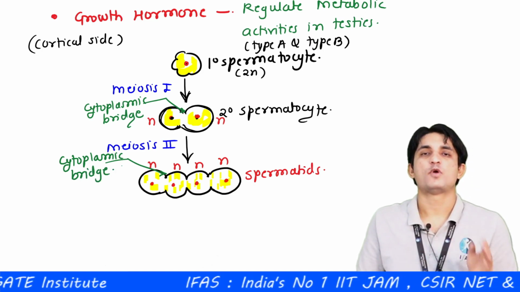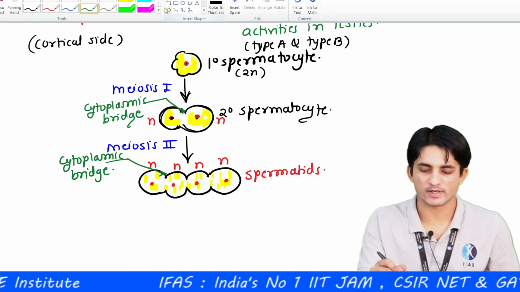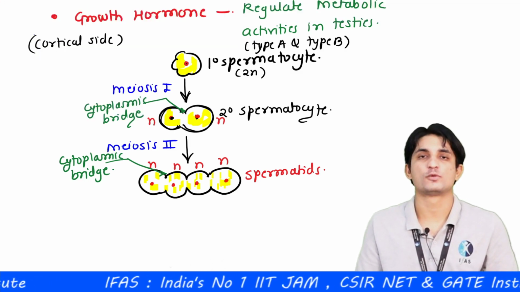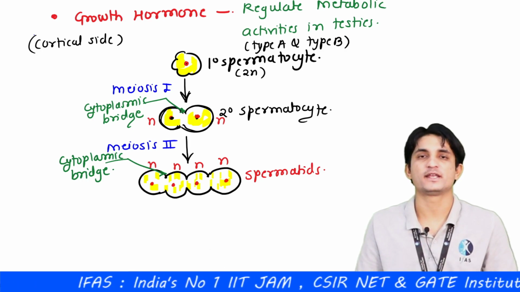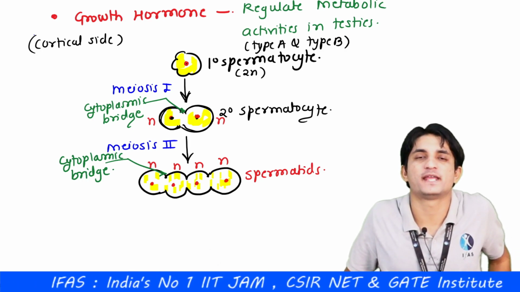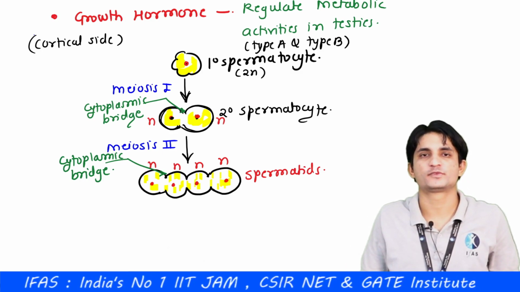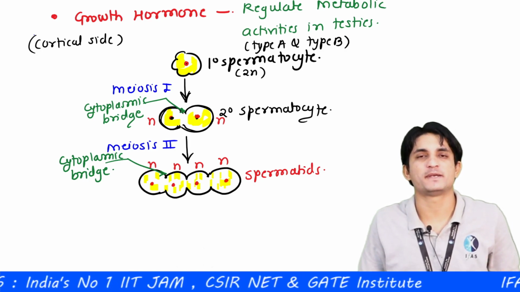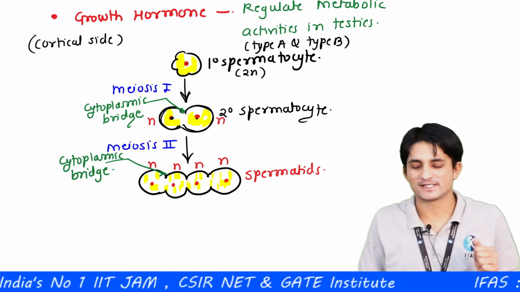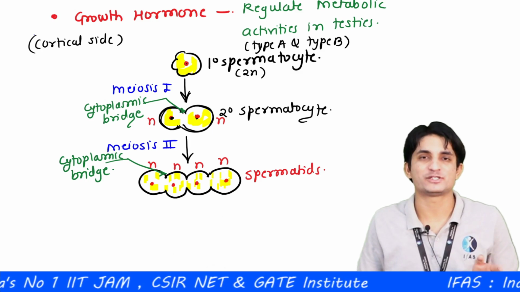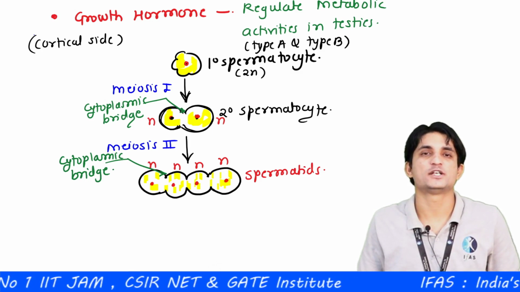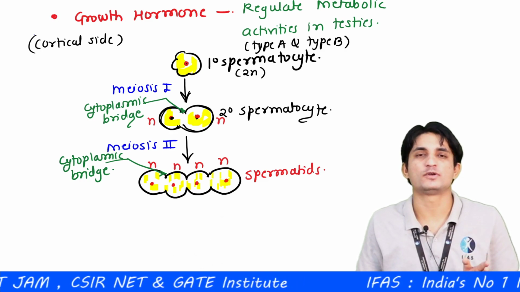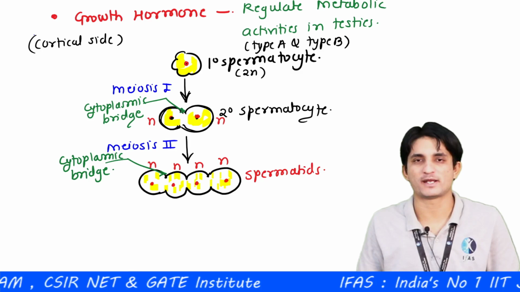For the maturation, there is a requirement of some proteins that are coded on the X chromosome. In male, some spermatids contain the X chromosome, assorted independently, and some spermatids contain the Y chromosome. The major genes for the maturation of the sperm are present on the X chromosome, and that protein is required by all spermatids for maturation.